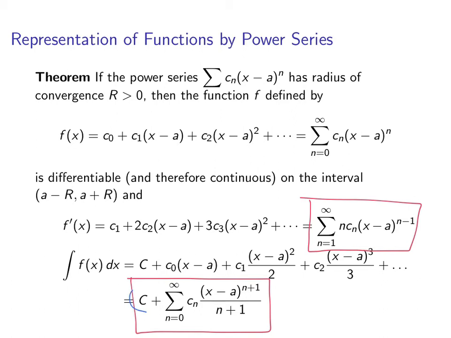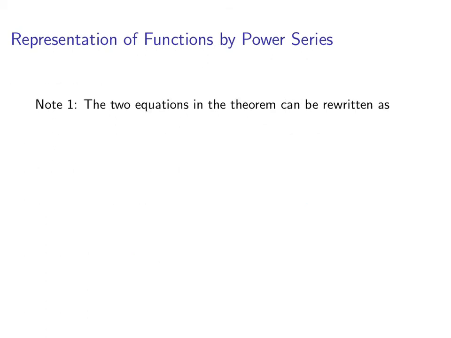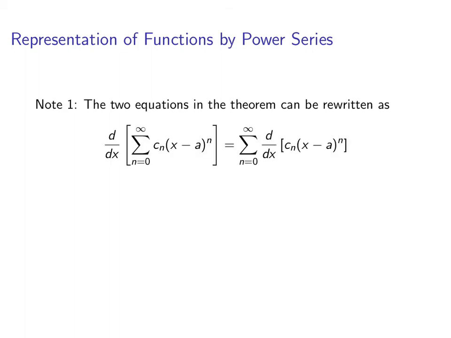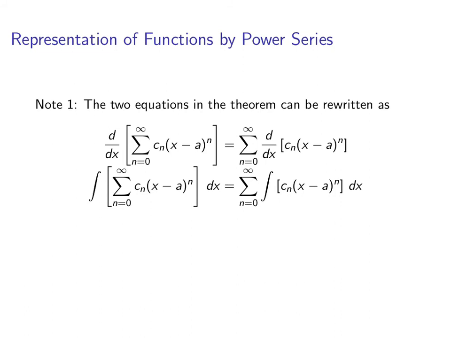Notice that when we compute an antiderivative, we still have to throw in that arbitrary constant of integration. Now, another way we can write these two equations in this theorem is to say that if I want to differentiate a series, then it's okay to pass this derivative on the inside of the sum. And the same for integrals, I can pass this integral on the inside of the sum.